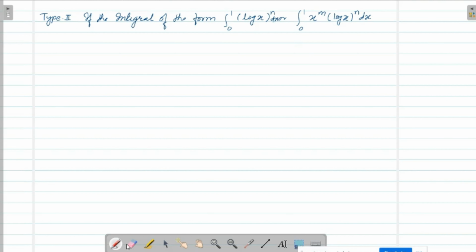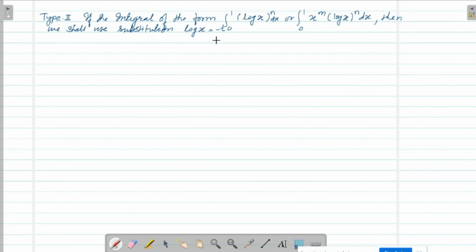If the integral is of the form integral limit 0 to 1 (log x) raised to n dx, or integral limit 0 to 1 x raised to m (log x) raised to n dx, then we shall use the substitution log x equal to minus t.